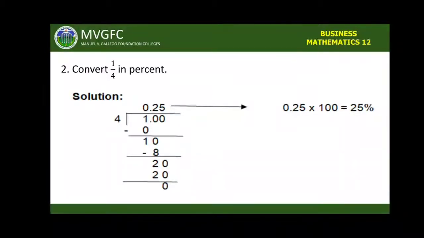I know that you can convert fractions, decimals, and percent without using a calculator, okay? We are learning this so that even though you don't have calculators or cell phones, you can solve fractions, decimals, and percentages.